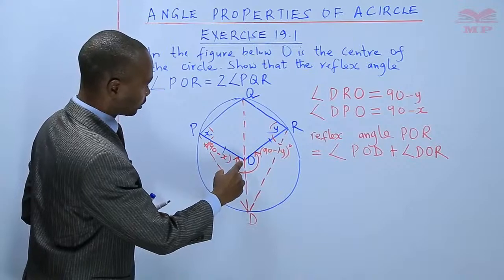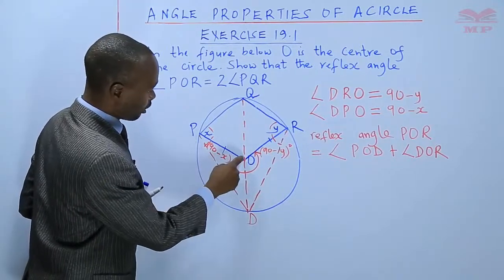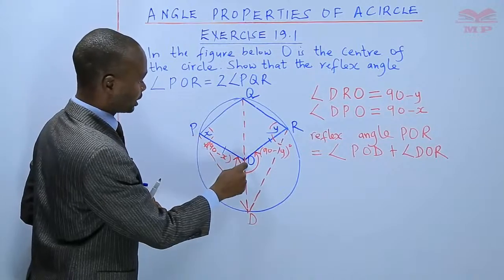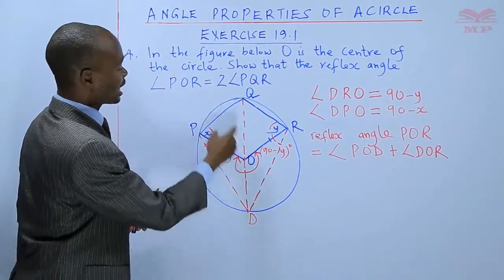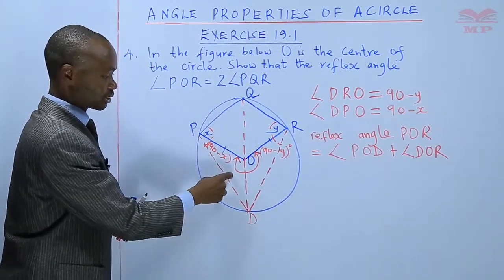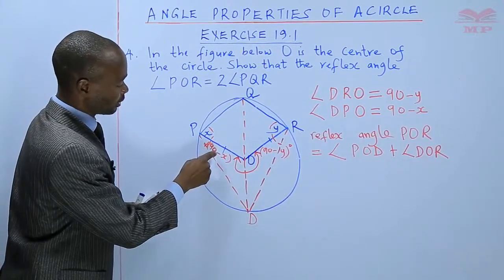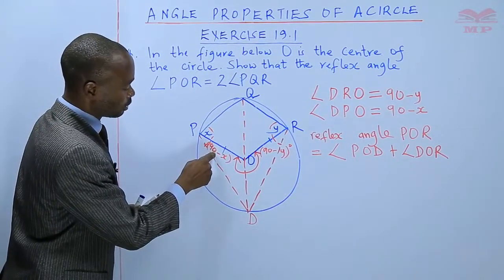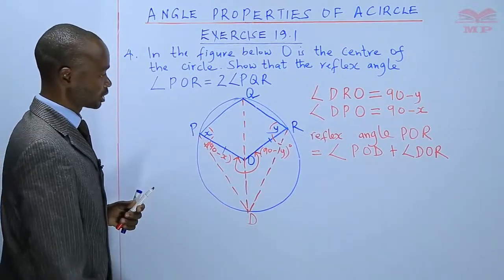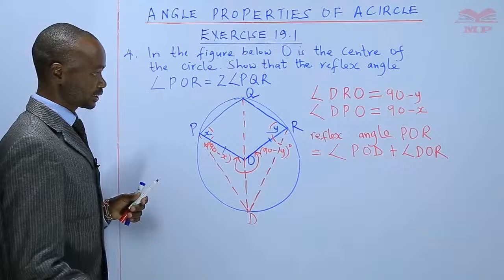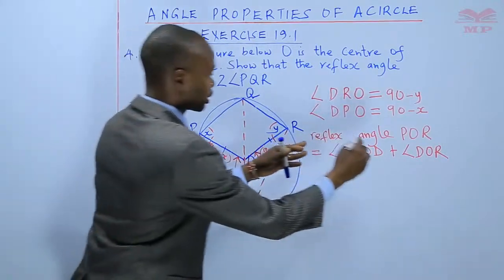So if I want to get POD, I'll take the sum of the angles in a triangle, which is 180, and subtract the sum of the two equal values of the isosceles triangle. So I'll start with this one, POD.